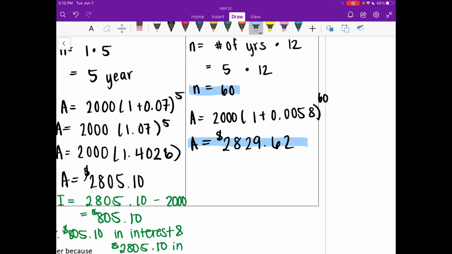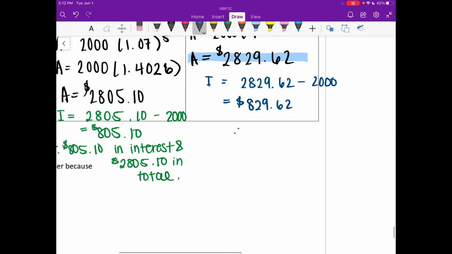So that means that at the end of this I'll have $2,829.62, right? Which means that the amount of interest that I earned is going to be 2829.62 minus the original 2000 that I put in, which means I'll have $829.62 in interest.